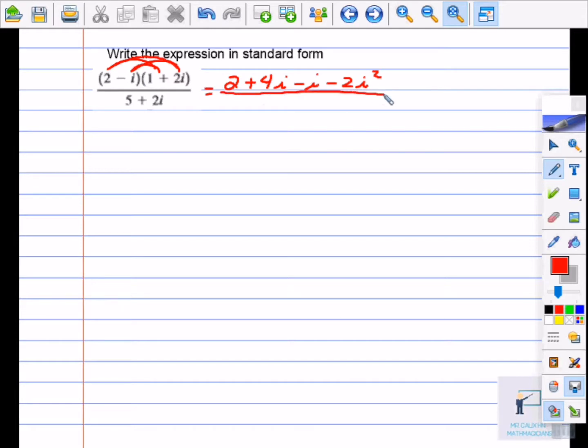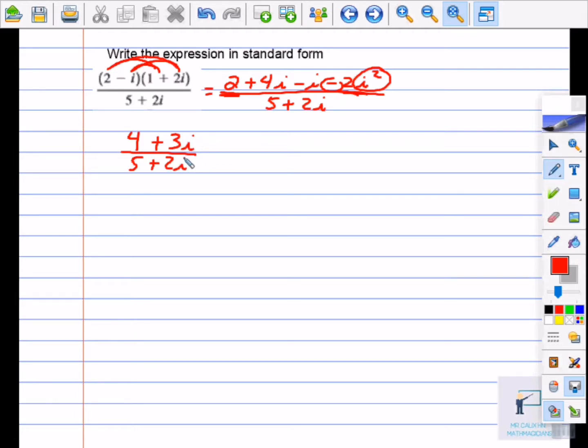And we copy our same denominator, that was 5 plus 2i. Now, i squared, remember that was negative 1. And negative 1 times negative is positive. So you have 2 plus 2 would be 4. And 4 minus i would just be 3i, making your like terms over 5 plus 2i.